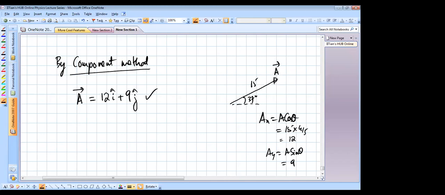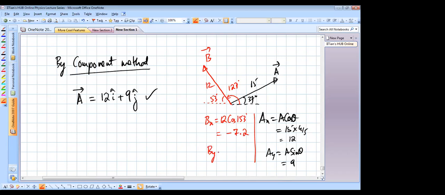Now similarly, if you see the vector B was, let's say something like this. Its magnitude was 12 and this angle here was 53 degrees. So the angle it made with the x-axis was 127 degrees. So for the vector B, you can see the x component is 12 cos 127 degrees. Okay, so that is becoming minus 12 into 3 by 5. So minus 7.2.